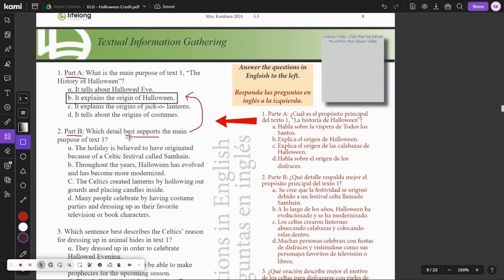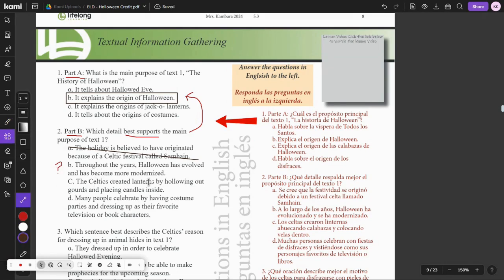So it says, which detail best supports the main purpose of text 1? The holiday is believed to have originated because of the Celtic festival. Well, it does talk about that, but that doesn't have anything to do with talking about the origin, right? And it says, throughout the years, Halloween has evolved and become more modernized. So maybe it's this one.